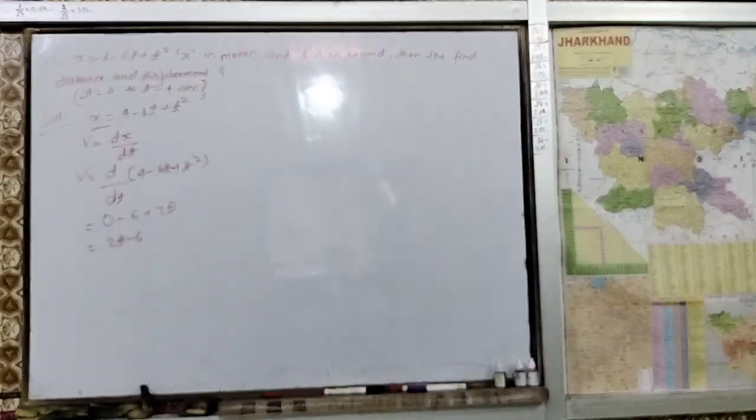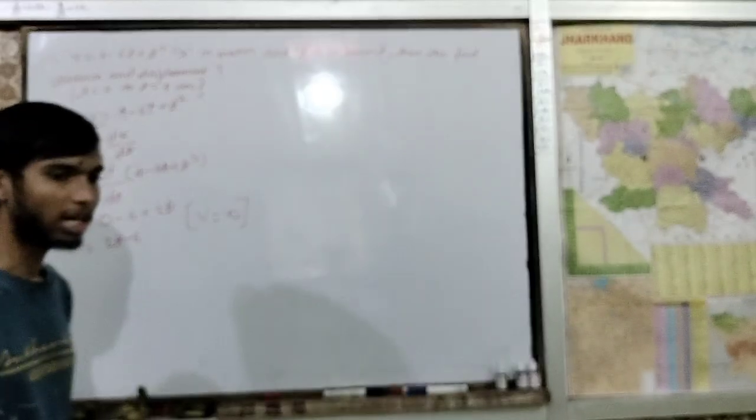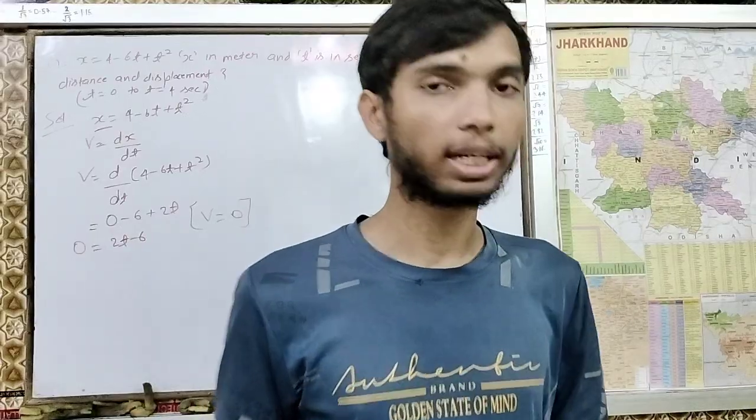Now, if you put velocity equal to 0, then what will happen? If we put velocity equal to 0, then of course we will get a time.